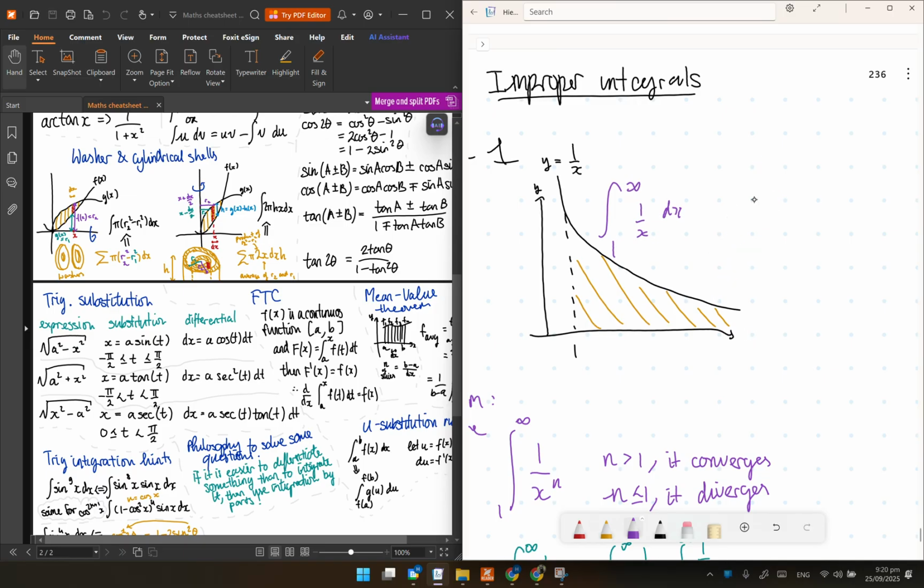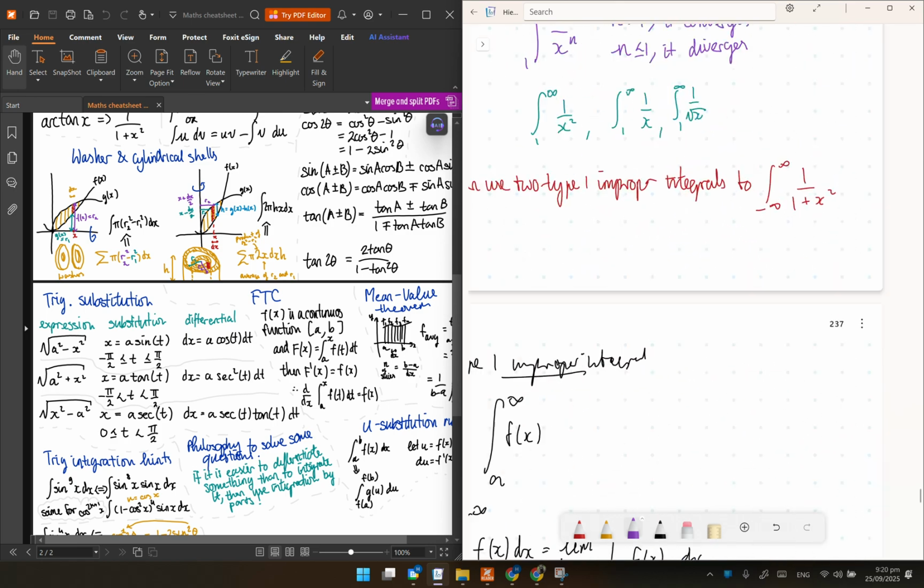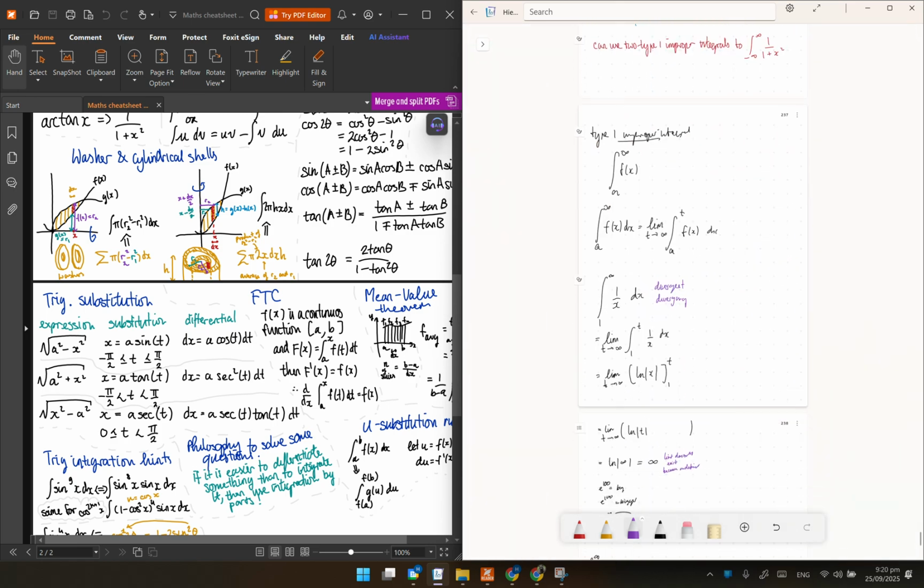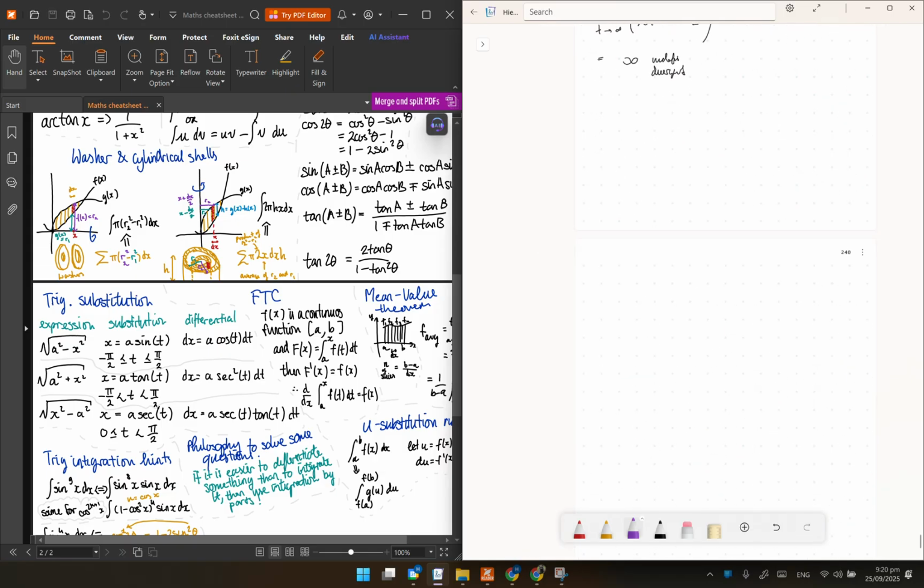So if it's from negative infinity to infinity, and the function is f(x) here, then it's the integral from negative infinity to some point a of f(x) plus the integral from a to infinity. And these two added together give you the integral to infinity. So let's do the integral of 1 over 1 plus x squared from negative infinity to infinity, okay?